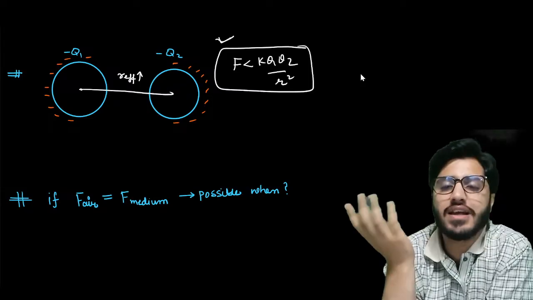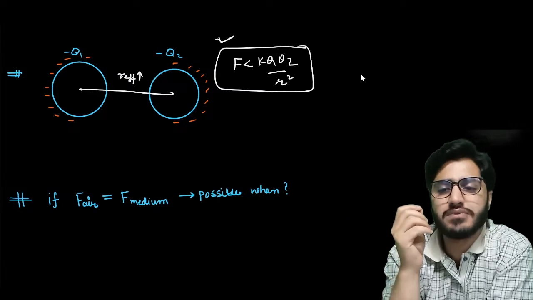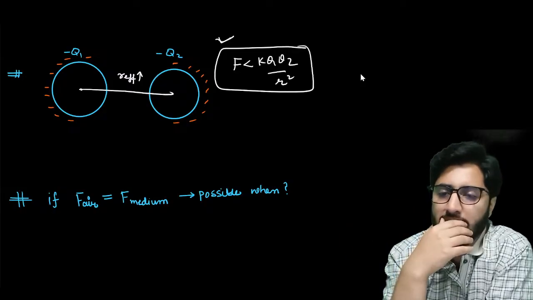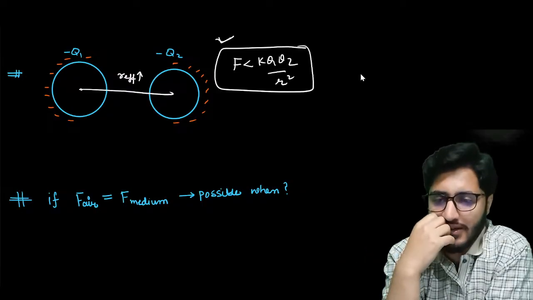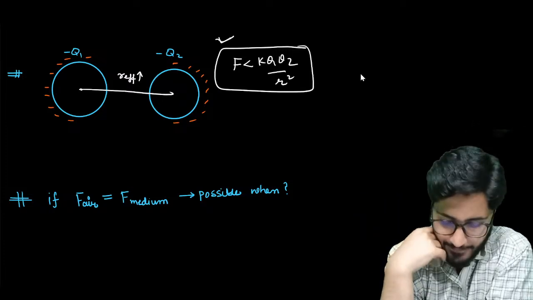It is not like you will get numericals only on K Q1 Q2 by R square. You will get some numerical aspect on this one also. What will happen if something is like this? You should be in a position to manipulate the numerical.